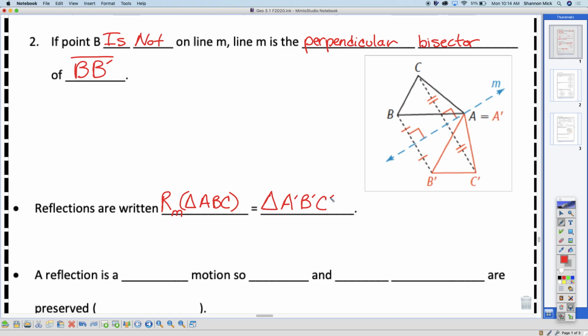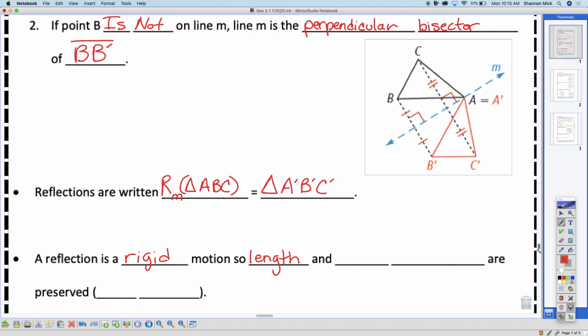Okay, so a reflection is a what motion? What did we learn about? What was your first thing you had on there? Rigid motion. It's a rigid motion. Why? Because it keeps or preserves the length, yes, and what? Angle measure.